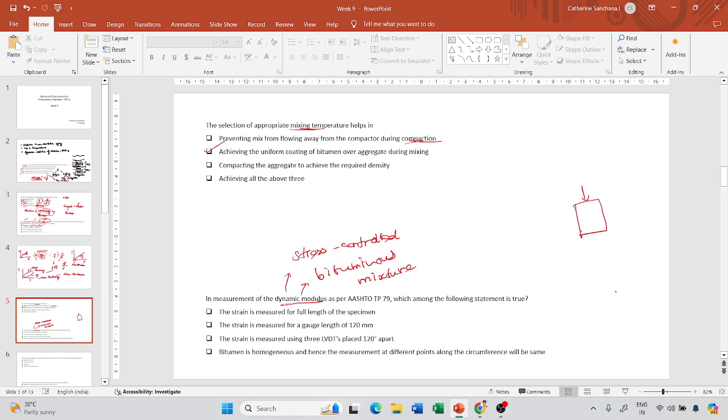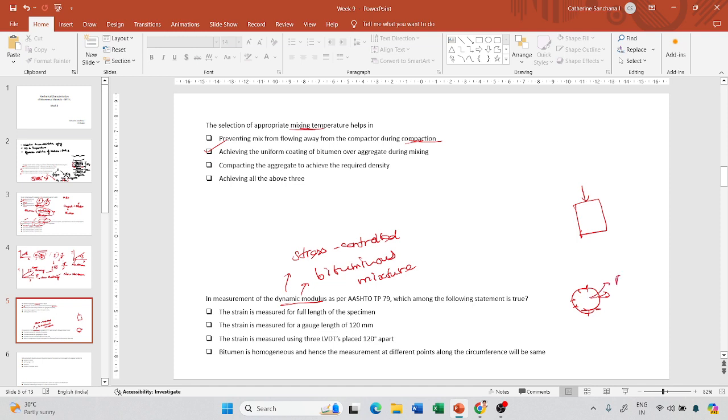Now this is unlike your bitumen, this is a big sample. You assume it to be homogeneous, but it is obviously a mixture of aggregates and bitumen, so its response at different points may not be the same.